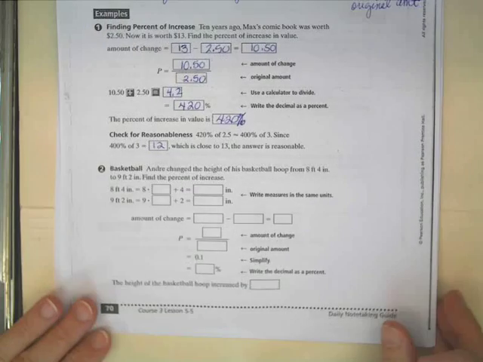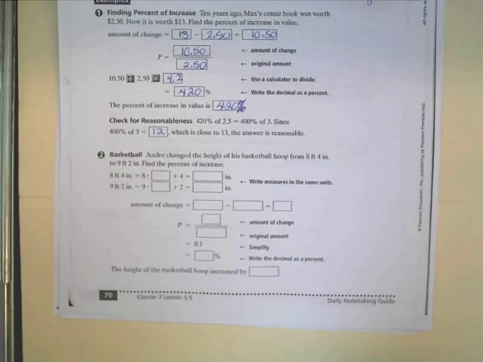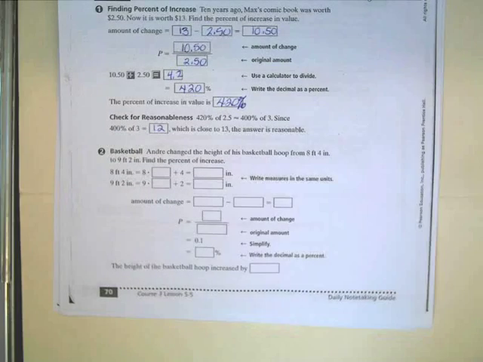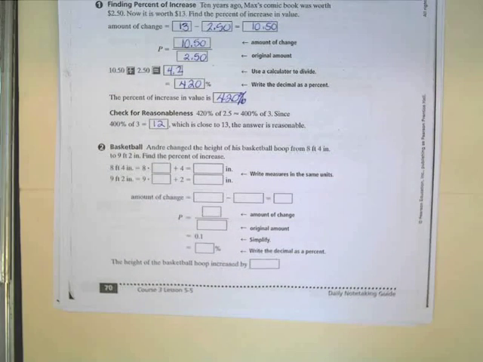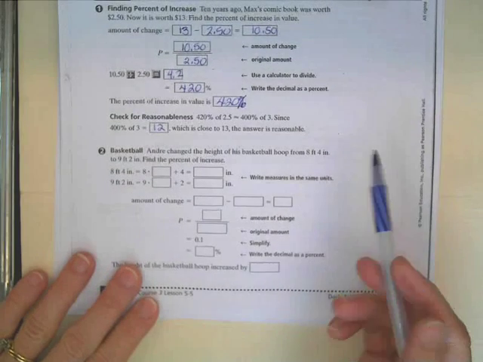Okay, question number 2. Andre changed the height of his basketball hoop from 8 feet 4 inches to 9 feet 2 inches. Find the percent of increase. Okay, so first of all, we want to write measures in the same units.